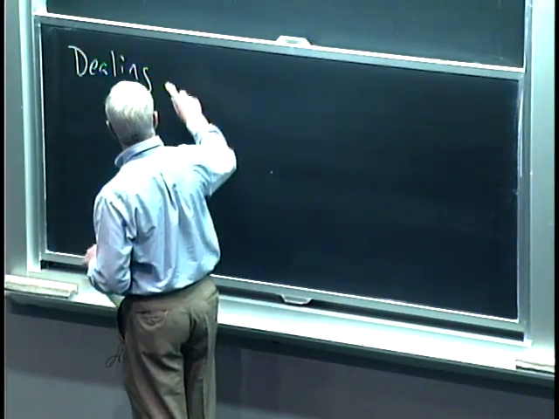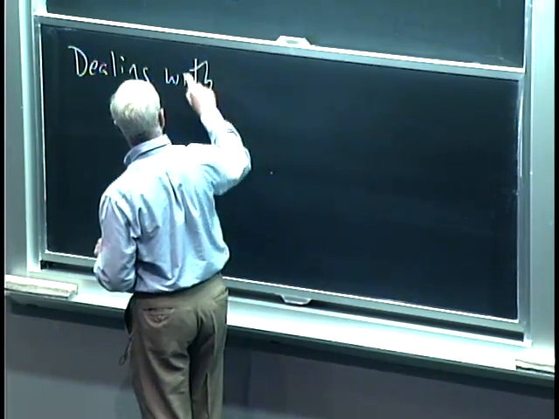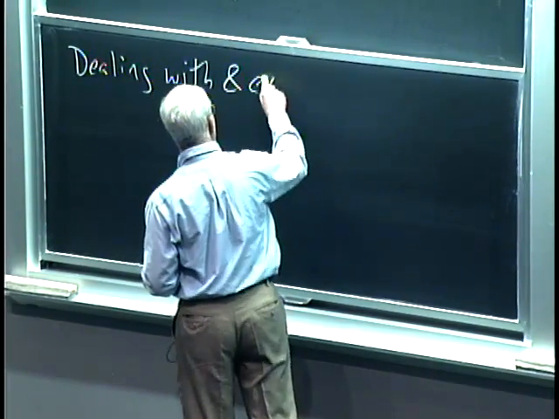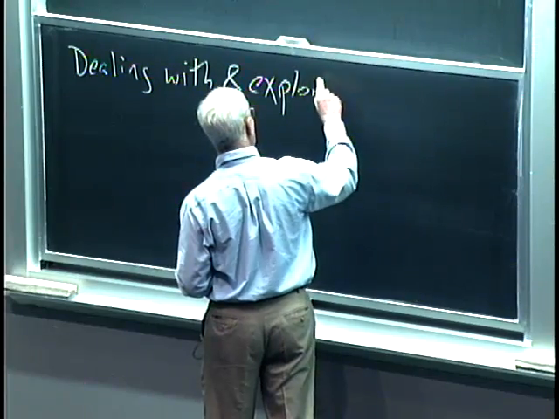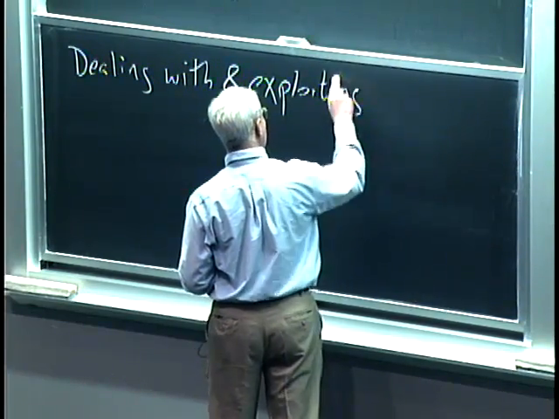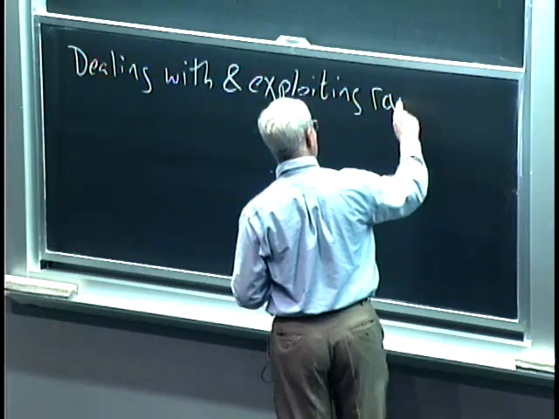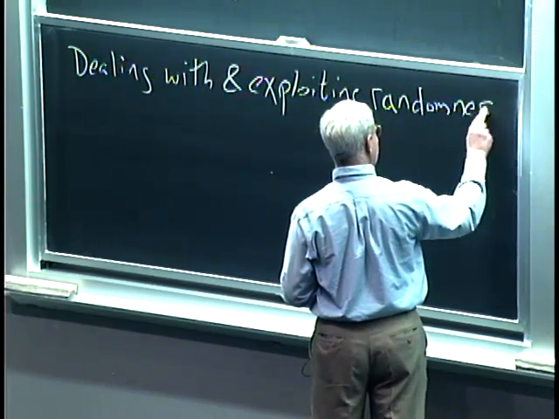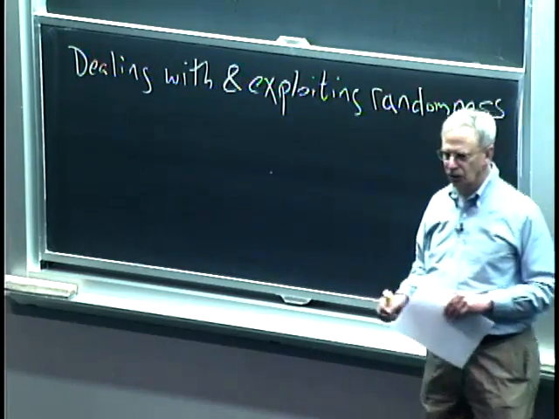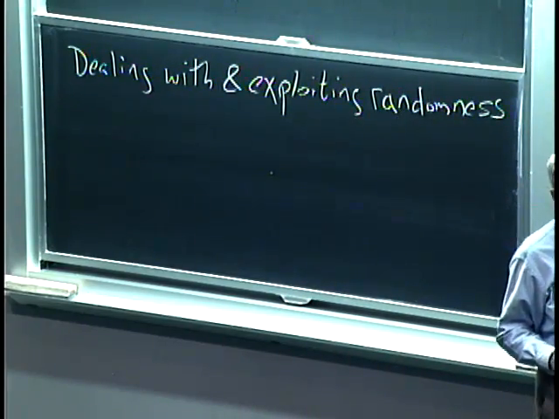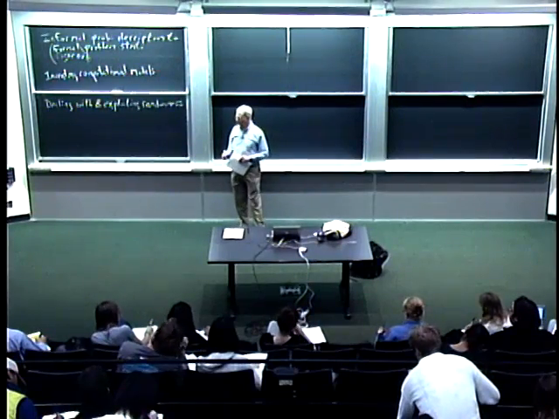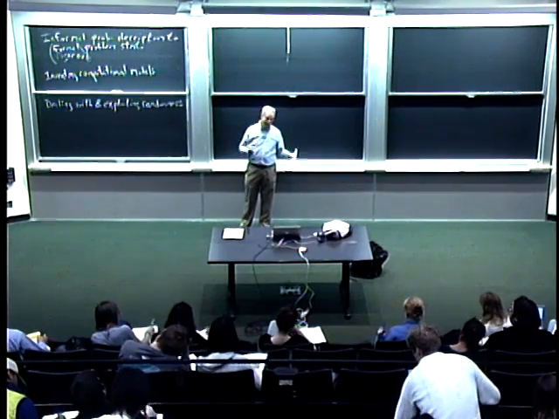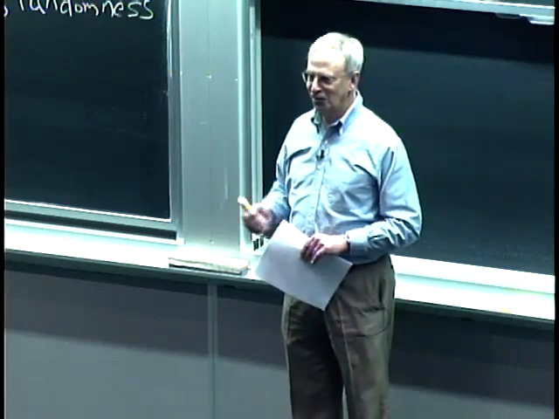we'll see that we'll be dealing with and exploiting randomness. Depending upon your outlook on life, one of the sad things in the world, or one of the happy things in the world, is that it's unpredictable.